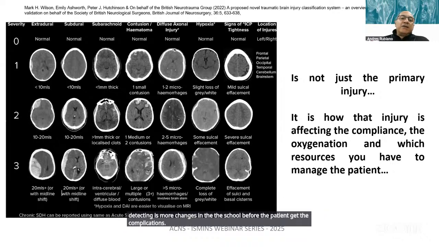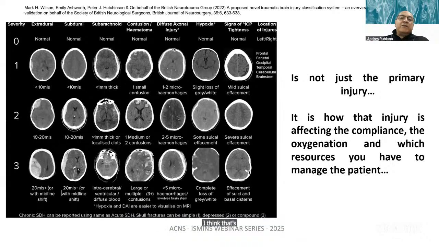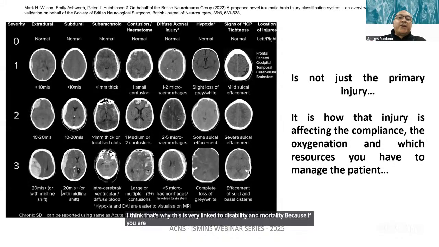So I think that's why this is very linked to disability and mortality, because if you act before you have the complications, then you're going to have more possibilities of having a good outcome after your management.